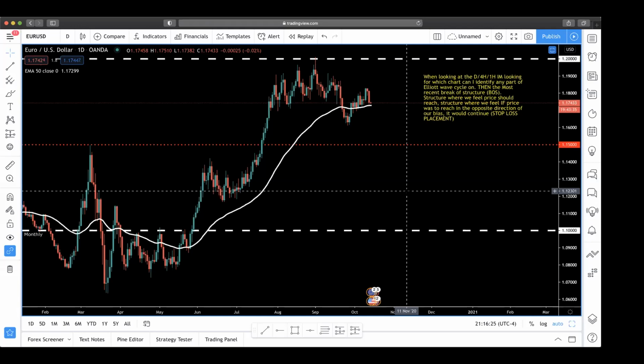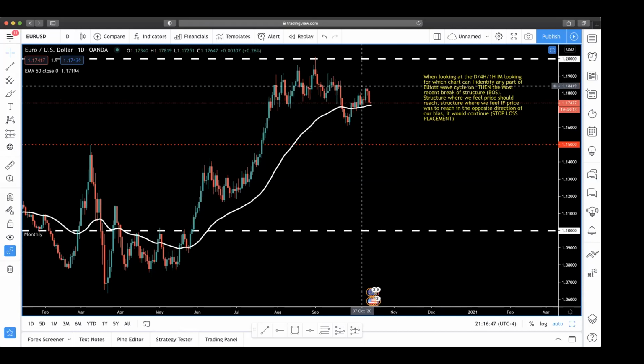It's going to balance itself out with the proper risk management. So that's why I look at the daily, the 4 hour, and the 1 hour time frames every time. Because again, it's going to determine what type of trade I'm entering, and it's going to vary from day to day.